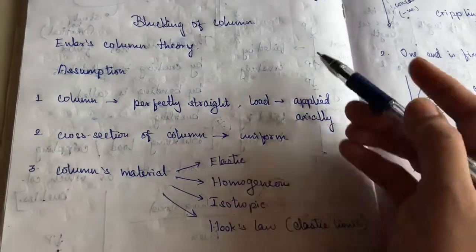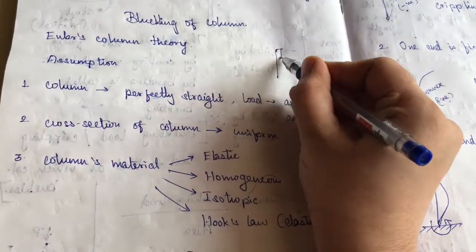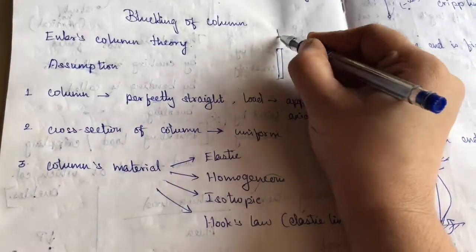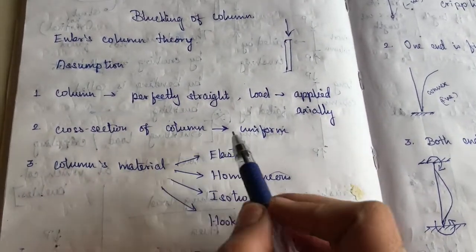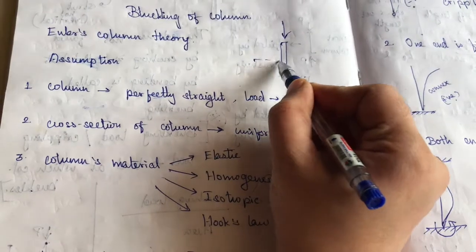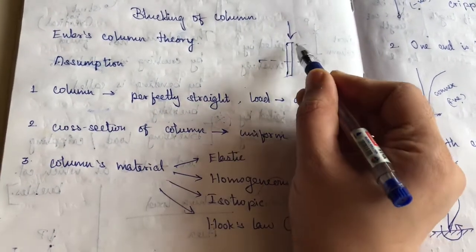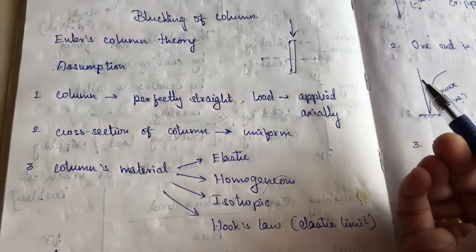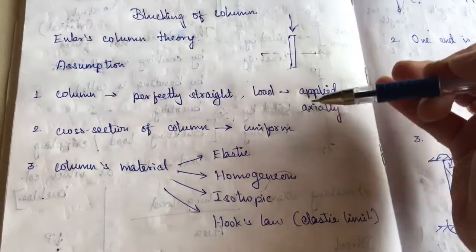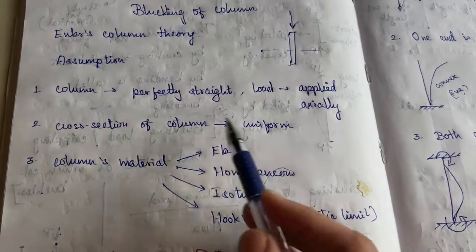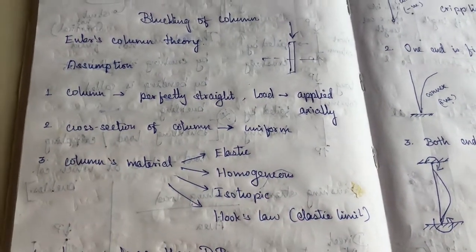So we know that a column should be straight and the load applied should be axial. And the cross section of this column should be uniform. If you take any section here, the cross section of the column should be uniform. Because it is straight and has the same dimension, it will have the same uniform cross section.